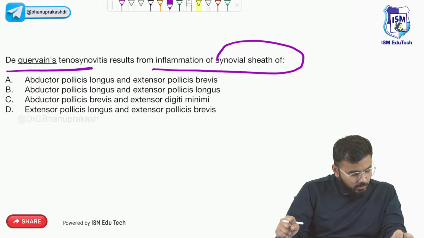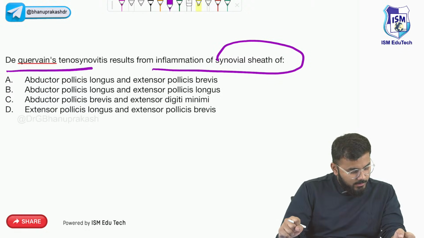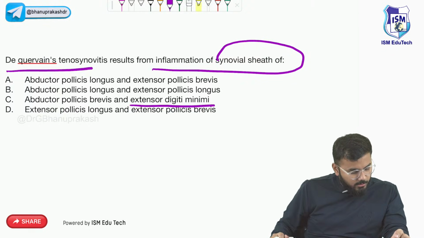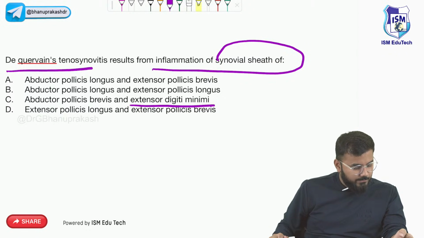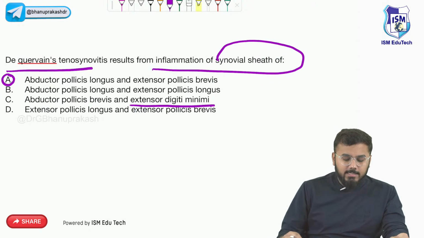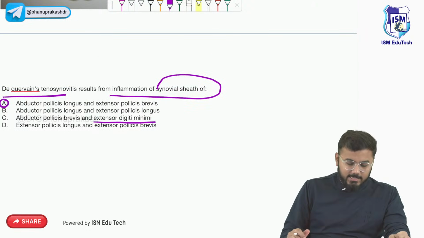Abhay, why is it C? Extensor digiti minimi, no Abhay. Look, very good, Adil. Very good, Muskan Kapoor. The answer is A: abductor pollicis longus and extensor pollicis brevis.